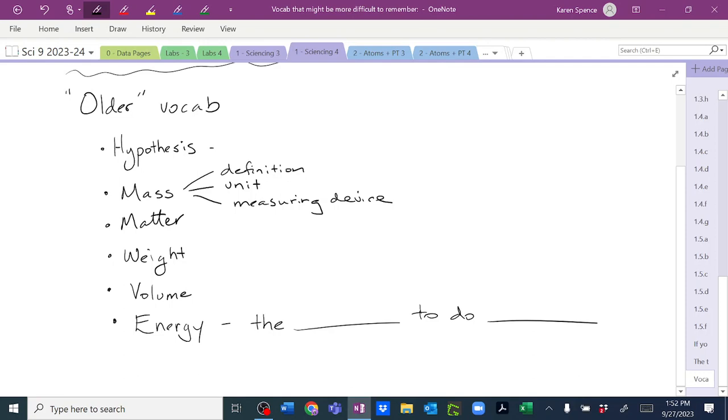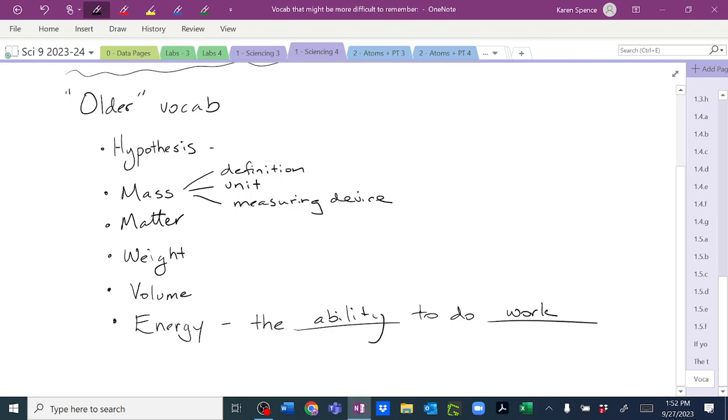The ability to do work. So in other words, the ability to get stuff moved, to get stuff made. For example, if you're a plant, inside your cells, you have this wonderful organelle that allows you to make sugar. Does anyone remember what that's called?